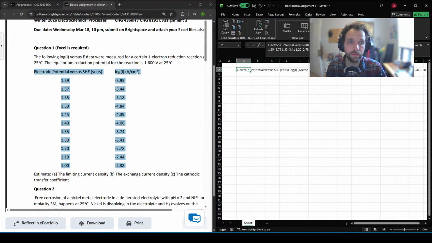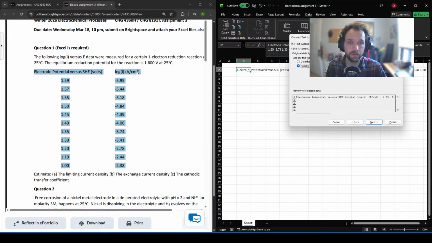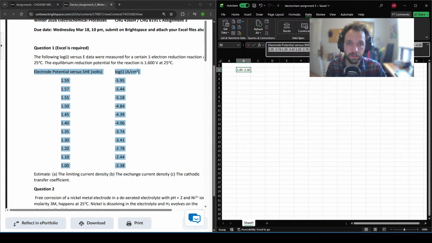Data, no, that's not it. It's data tools. Text to columns. Delimited, next with space. Hold on, cancel. Get rid. Oh, that's nice.